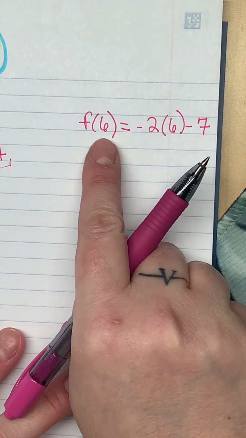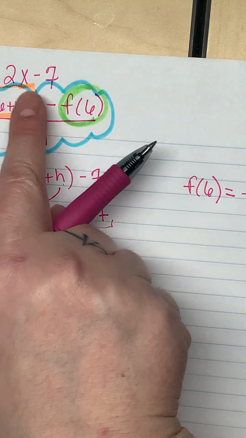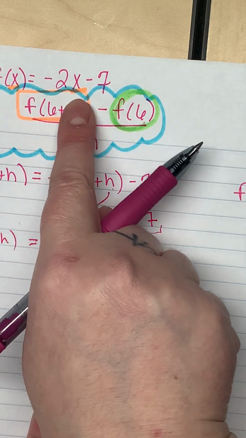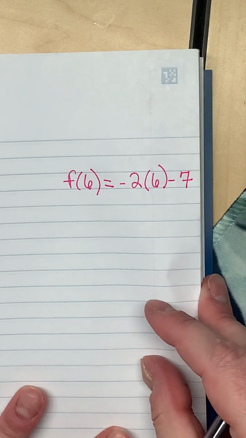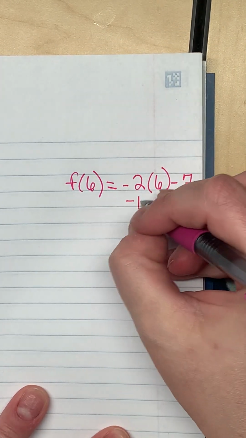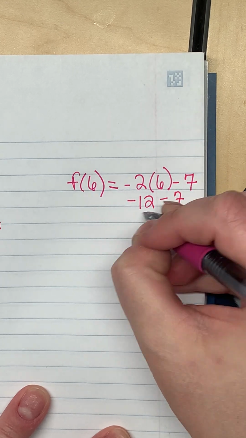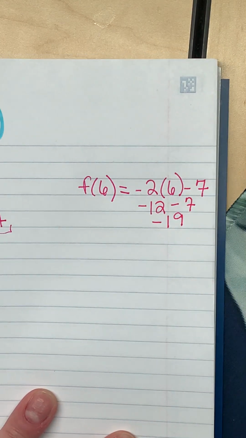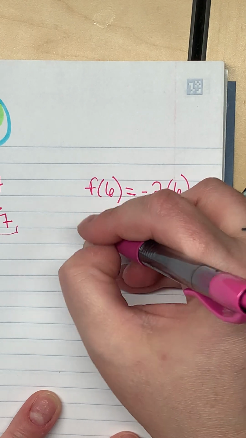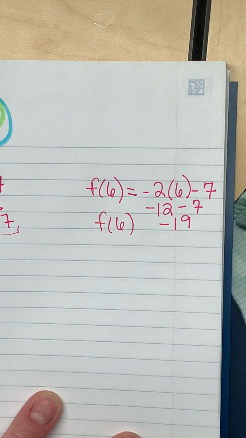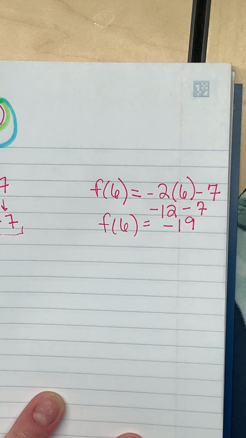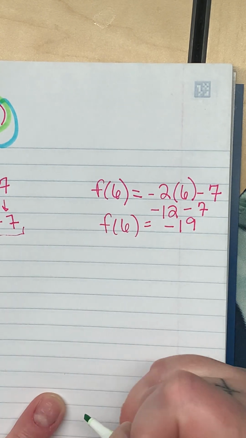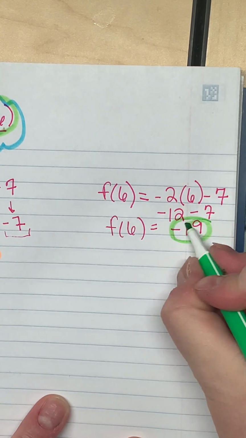All I did was take this 6 and plug it into this f of x equation, f of x equals negative 2x minus 7. So this gives me negative 12 minus 7, and that makes negative 19. And that's f of 6. So in my little formula, instead of f of 6, I'm just going to write minus 19.